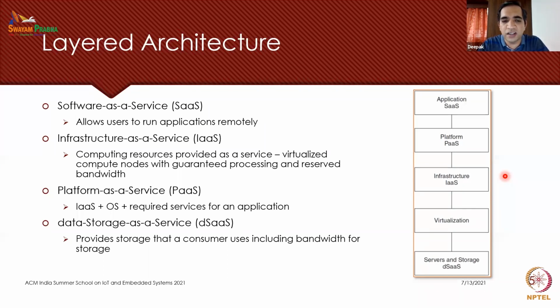So all of these combined together can form the infrastructure as a service that is provided by the cloud provider. Of course, when these things are provided, one of the things that needs to be ensured is that there is a guaranteed level of processing that is provided by the cloud provider.